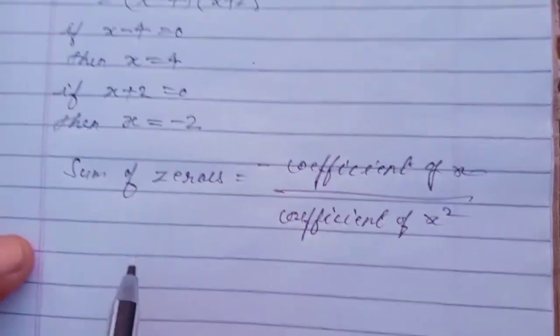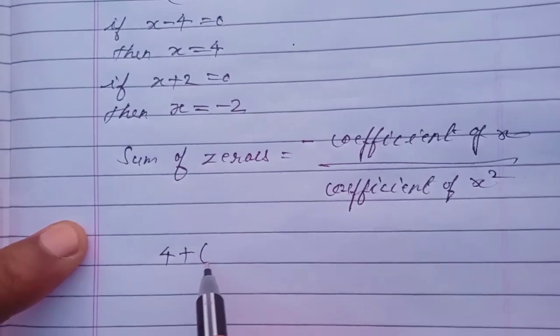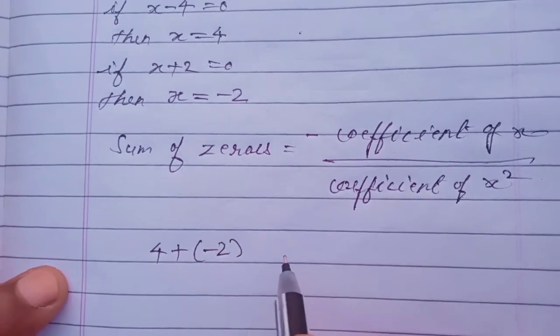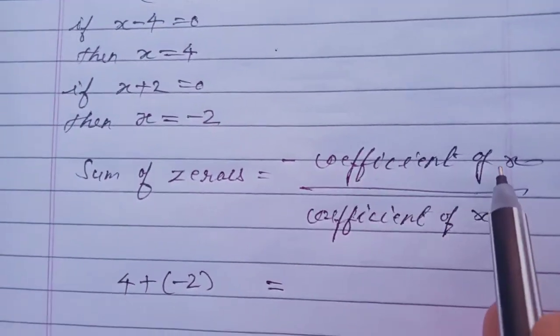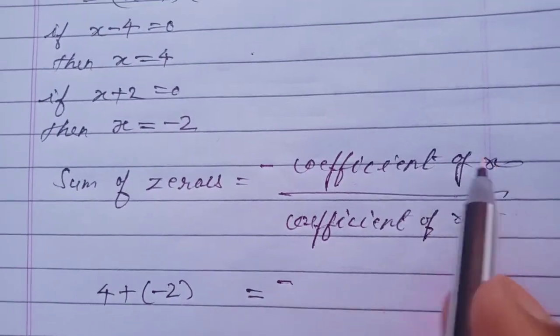Sum of zeros is 4 plus minus 2, which is equal to minus coefficient of x.